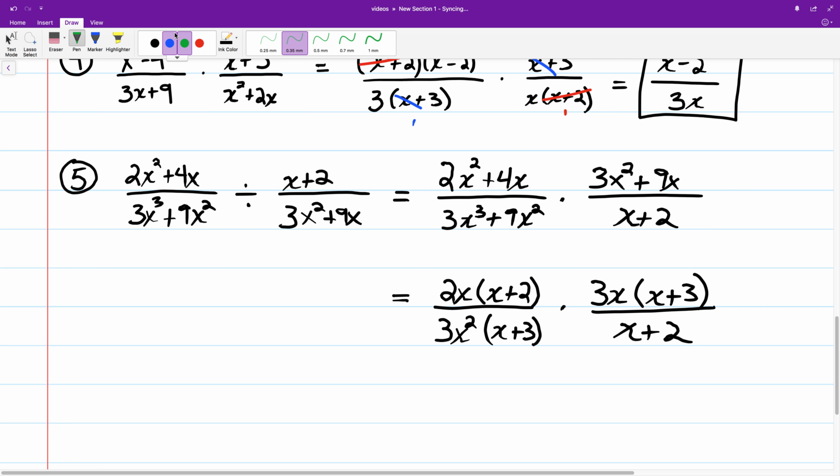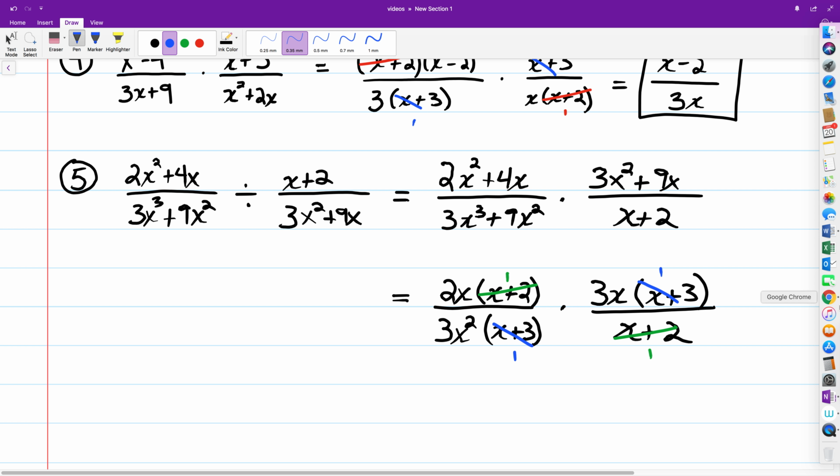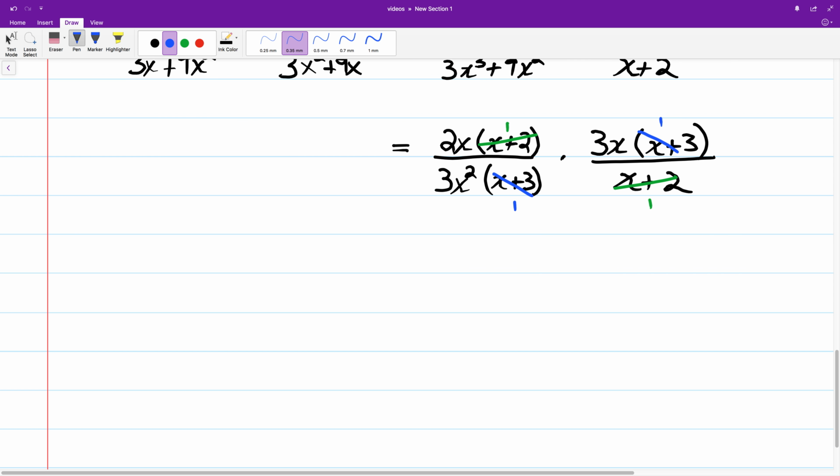In the case of reducing, I have x plus 2 in both the numerator and denominator position. Also, I have x plus 3 in both numerator and denominator position. And technically, I can reduce the monomials in the cross multiplying, but we'll just put that at bay.